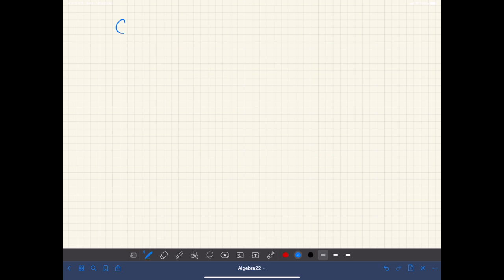And the next example is the general linear group of 2 by 2 matrices over real numbers. And this is a group, as we have seen before.